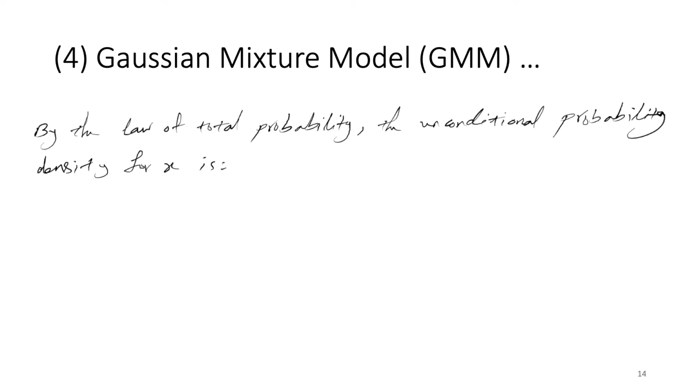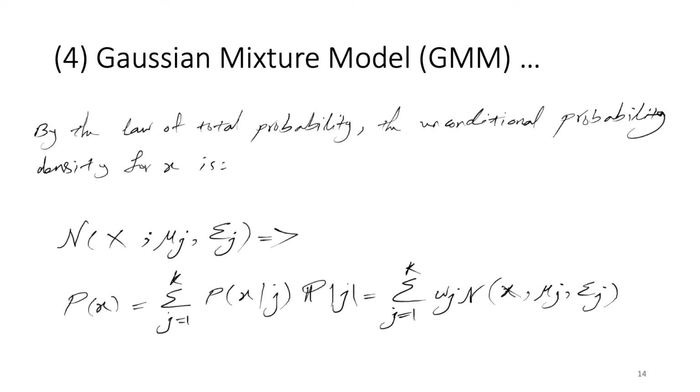By the law of total probability, if you want to compute the conditional probability of this, which comes from this normal distribution, so you have your x's, vector space, with mu and covariance, you can define this by the summation of all probability x given j, so the condition j, multiplied by the probability of j itself, right?